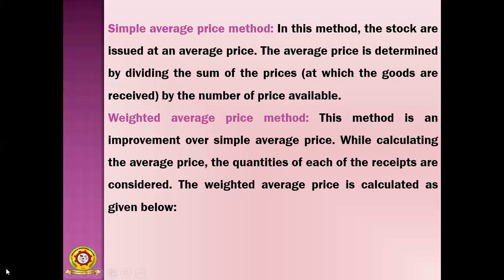That is another one, the fourth one. This method is an improvement over the simple average price method. While calculating the average price, the quantities of each of the receipts are considered. The weighted average price is calculated as given below.